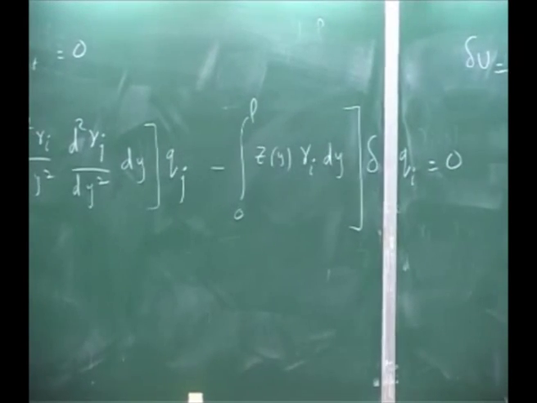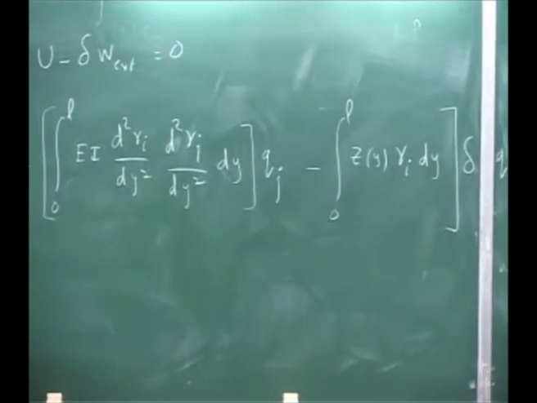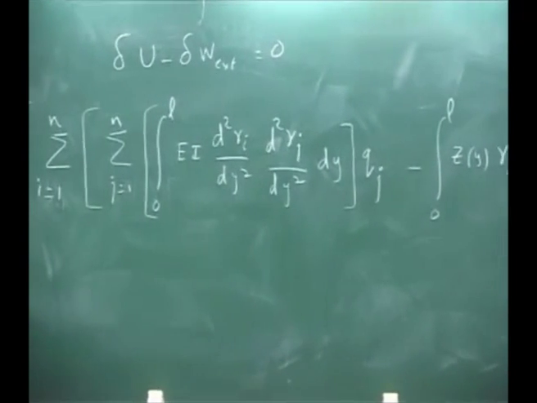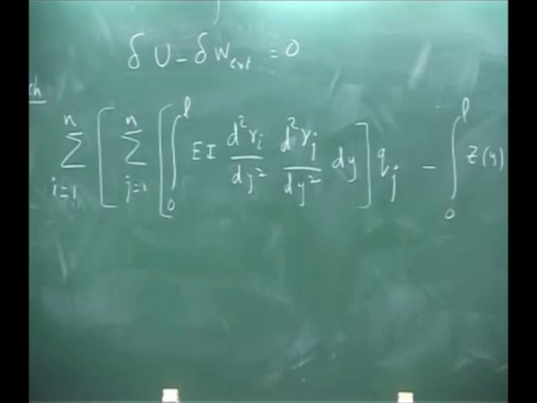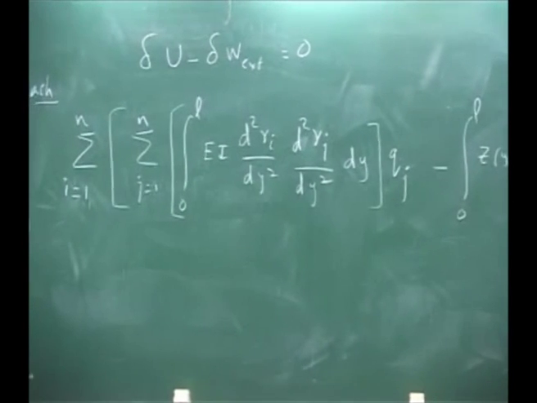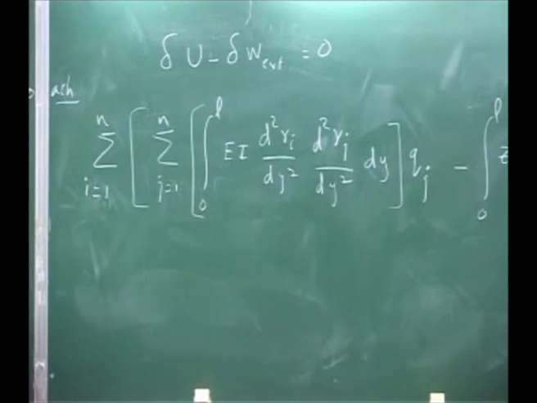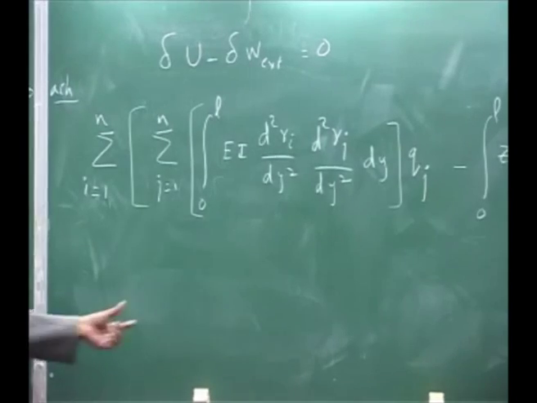Now the q_i's are the generalized coordinates and I can vary each one of them independently. Therefore, these are independent.